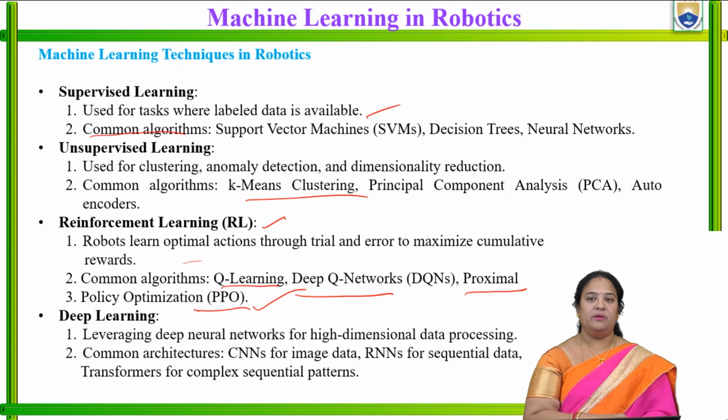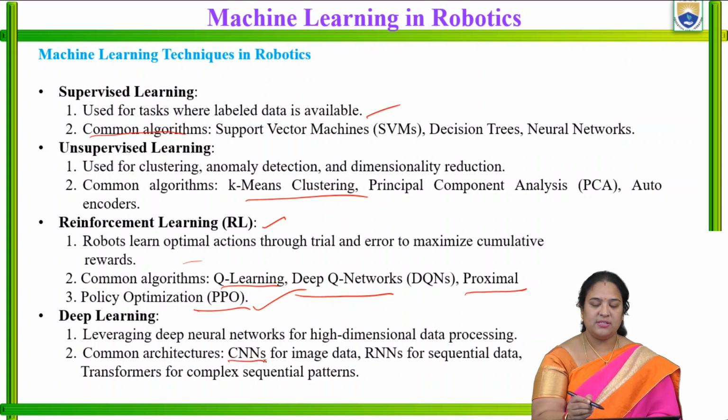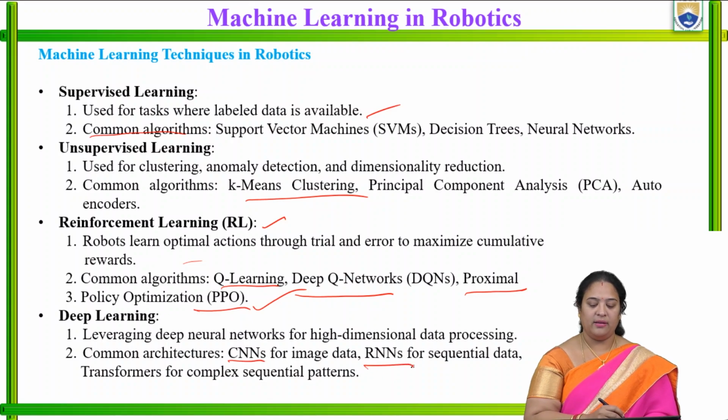Next is deep learning. What do we mean by deep learning? Generally, we come across CNN or RNN, one for image data and one for sequential data. When we come across image data, we use CNN. When we come across sequential data, we use RNN, right?